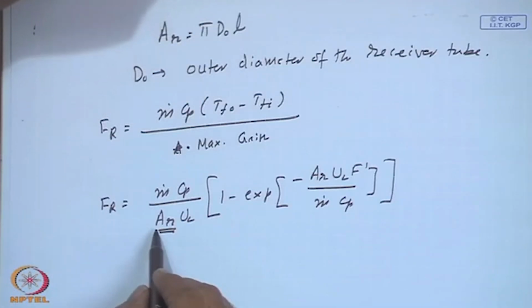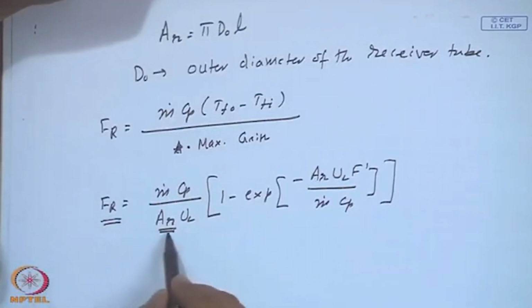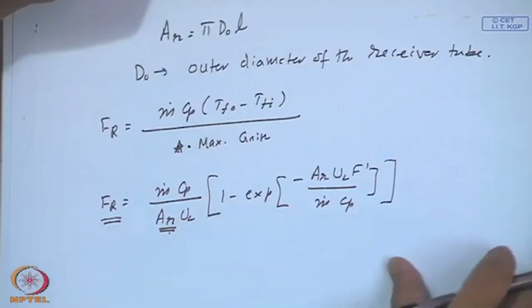The solar radiation received by the aperture area AA gets reflected and focused onto the receiver of area AR, and when we consider the increase in the temperature in the receiver tube, it is the AR that matters. That consequently leads to the heat removal factor being expressed in terms of AR.